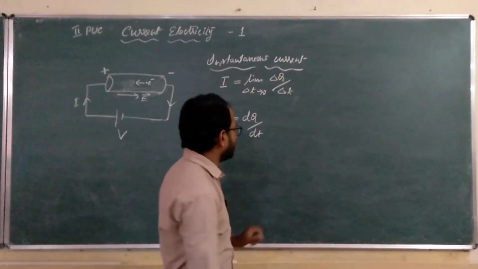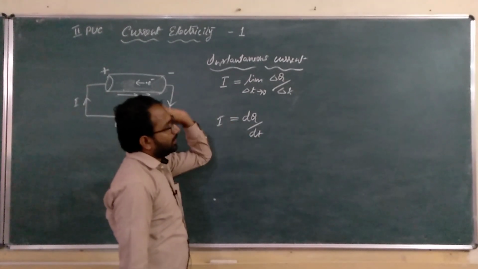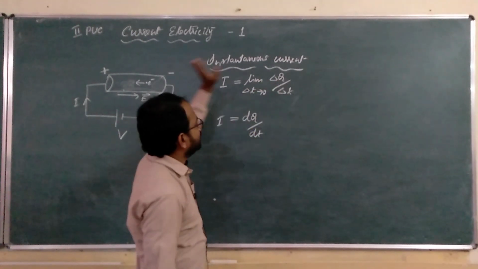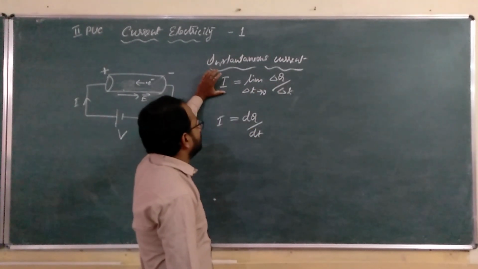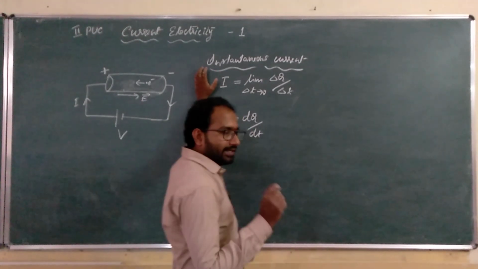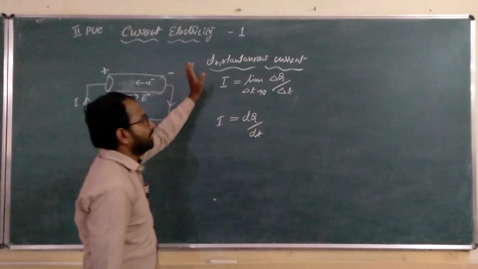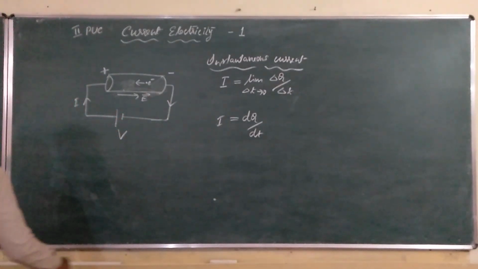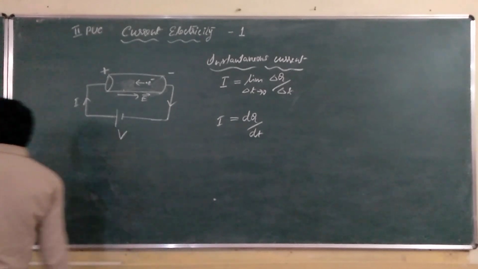If I take the ratio, delta q by delta t, then I am defining what is called instantaneous current, that is the current at any instant of time. So, that is the instantaneous value of current.